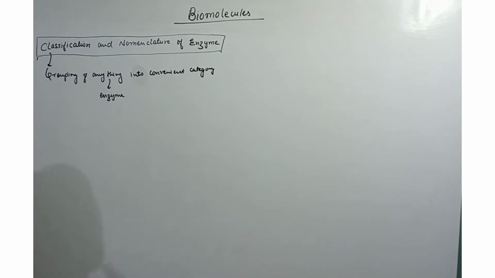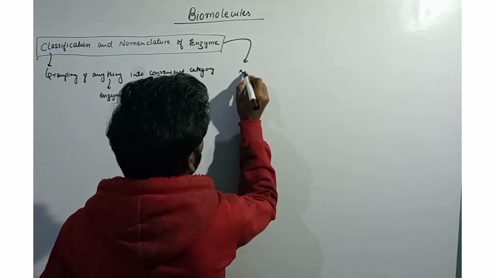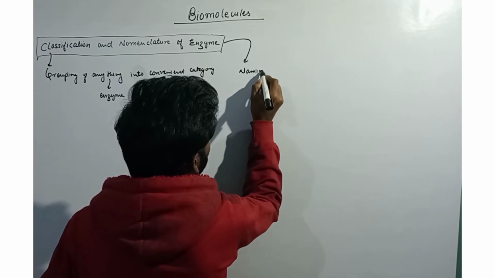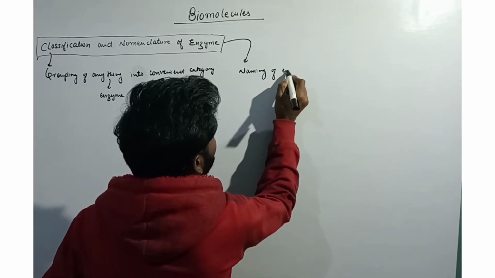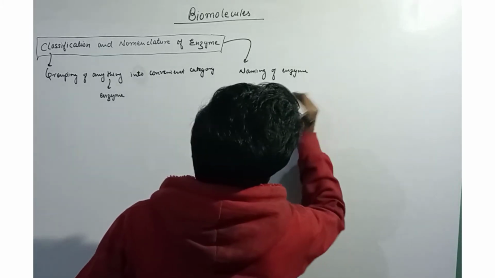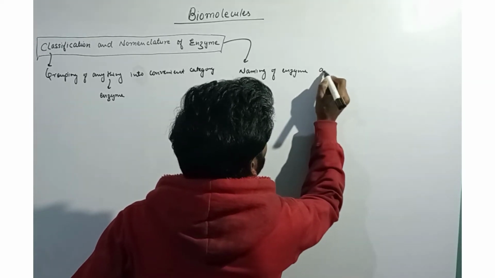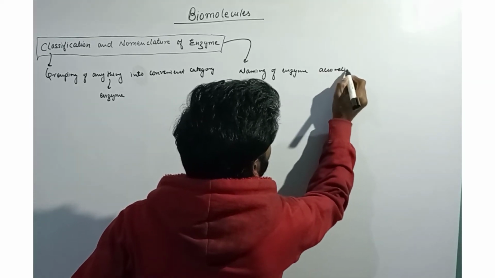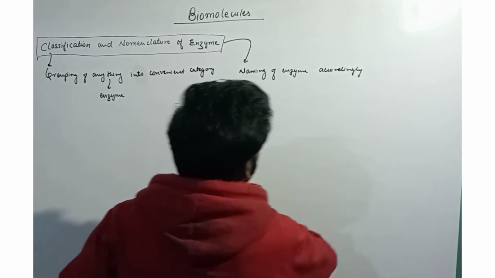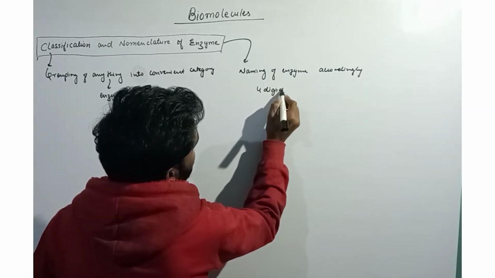But when you're talking about nomenclature of enzyme, it simply means naming of enzyme, accordingly with a 4 digit number.